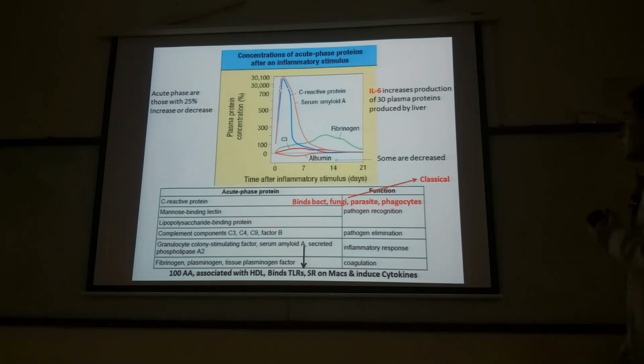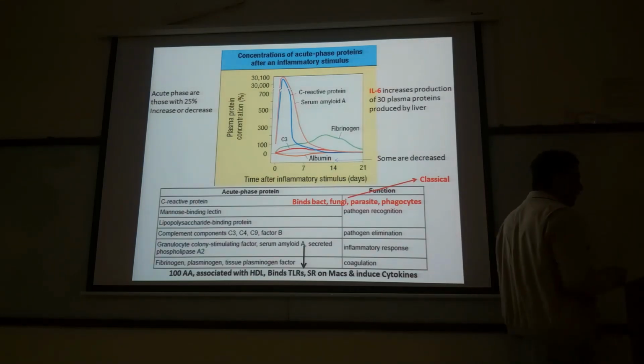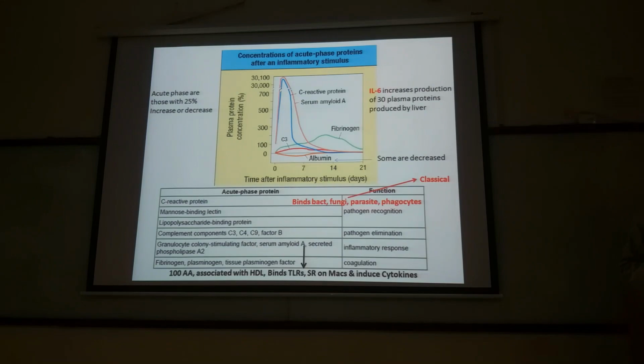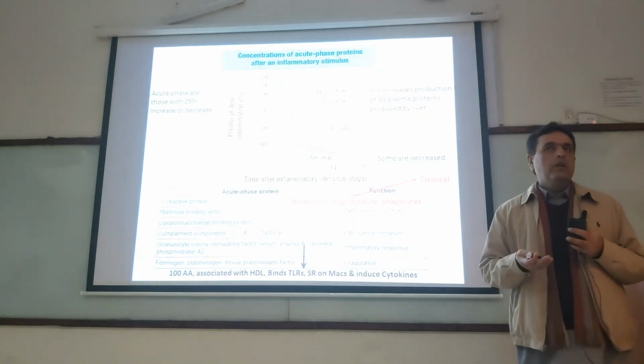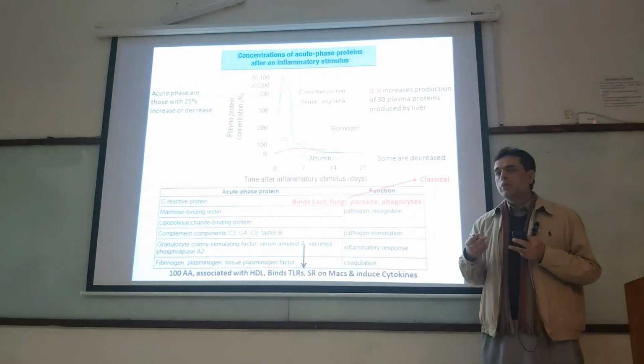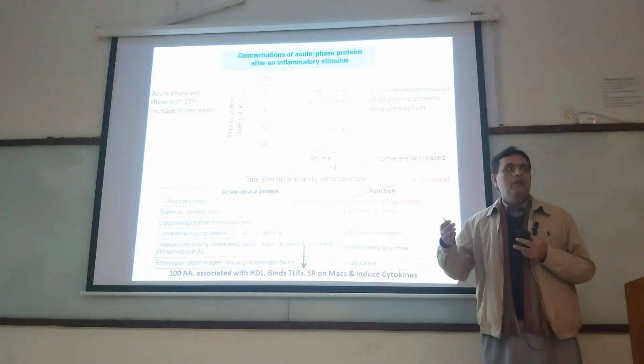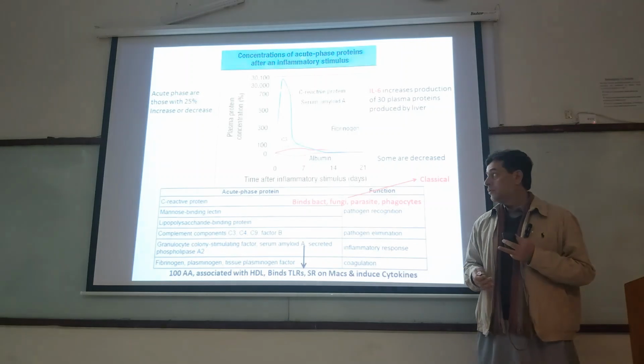Okay? So this is about the acute phase proteins, that these proteins are synthesized by the liver when there is some infection, and how the liver would come to know about that infection somewhere in the tissues.